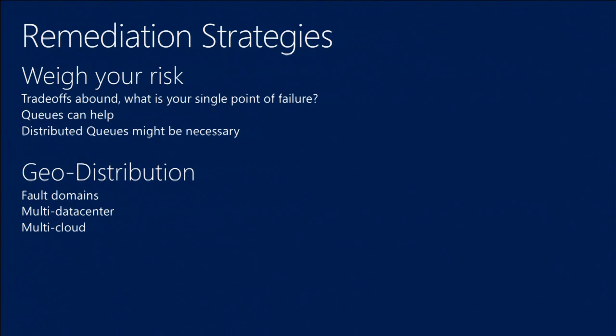The last part here is on geo-distribution. So again, depending on the type of app that you have, you might want to be in different data centers. You might want to be in different clouds. For a monitoring solution, we definitely want to be in a different cloud. We have been working on some solutions that are for emergency management notification, right? We can never be down.